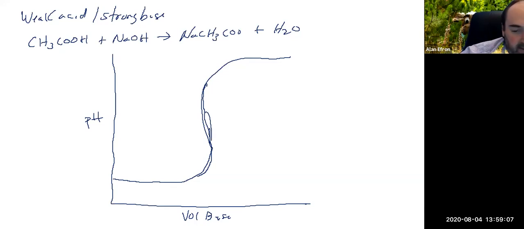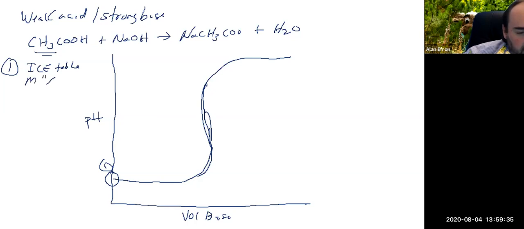And we have, in this case, the same 4 areas that we usually focus on in this type of titration. Right here, before we start the titration, this one is a little different than the previous one because what we have in the flask here is not a strong acid, it's a weak acid. And because it's a weak acid, it requires you to do an ice table. This would be with molarity and X's, and you would solve for X. X would equal the H plus concentration, which you could then use to calculate the pH.